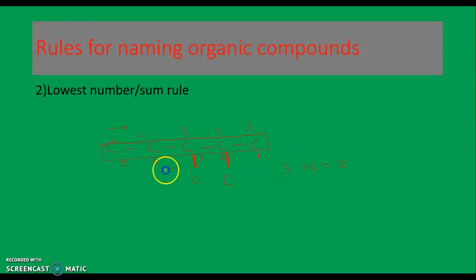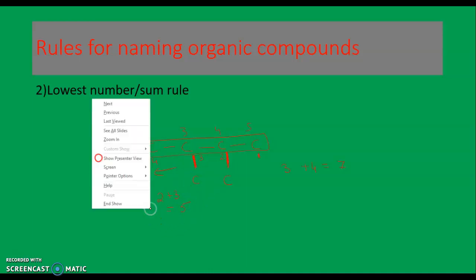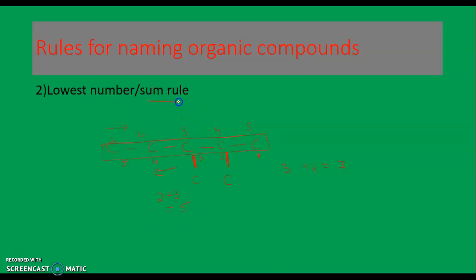When you count the other way, you find numbers 2 and 3 on the substituents or the side chains. So that gives you 5 as the sum. So you would always select the lowest sum. You will select the type of numbering that gives you the lowest numbers to the side chains.